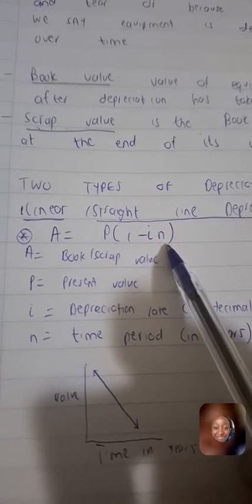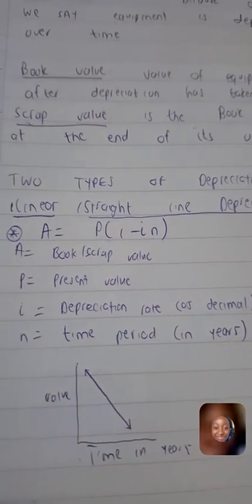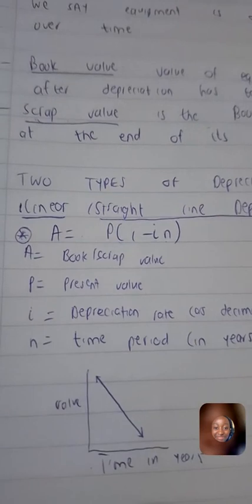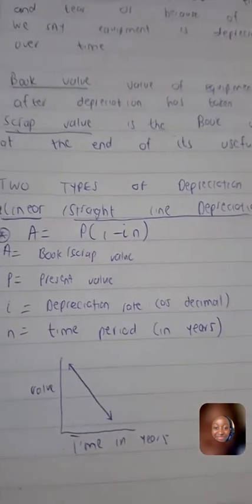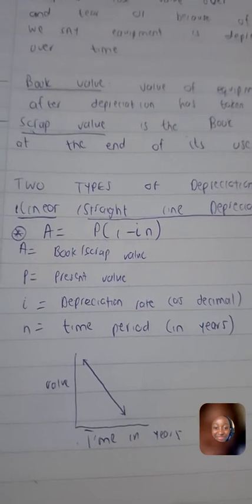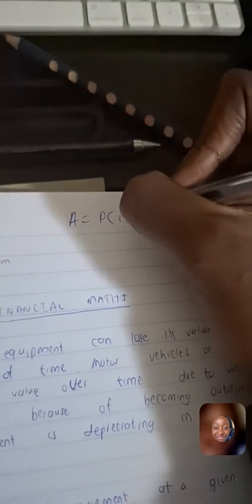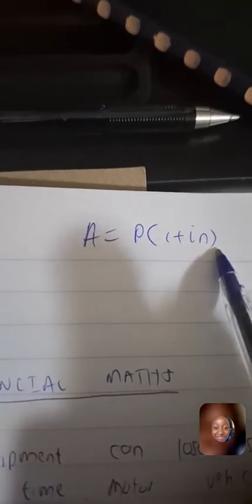Wait, sir, but it's compound. Oh, sorry. Is this for linear? It's interest, like it's simple interest. Is it simple interest? For simple interest, this is the formula: A is equal to P brackets 1 plus i n, close brackets.